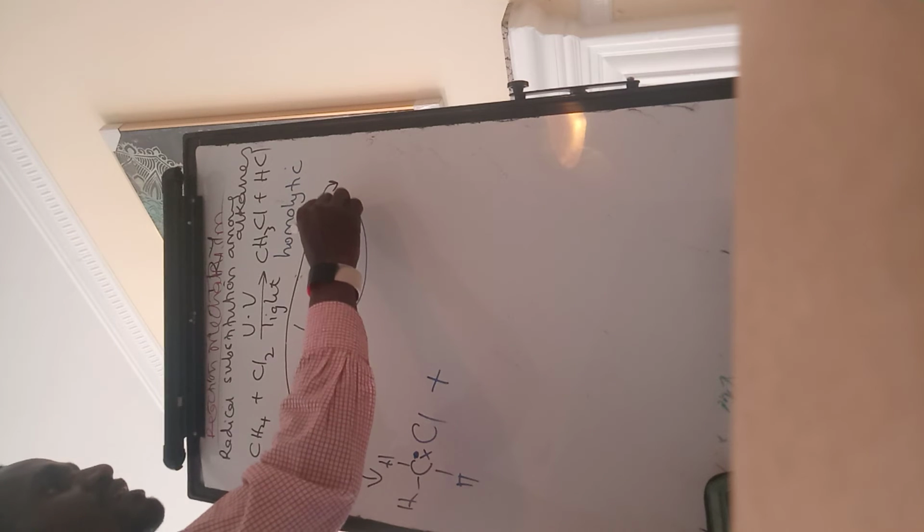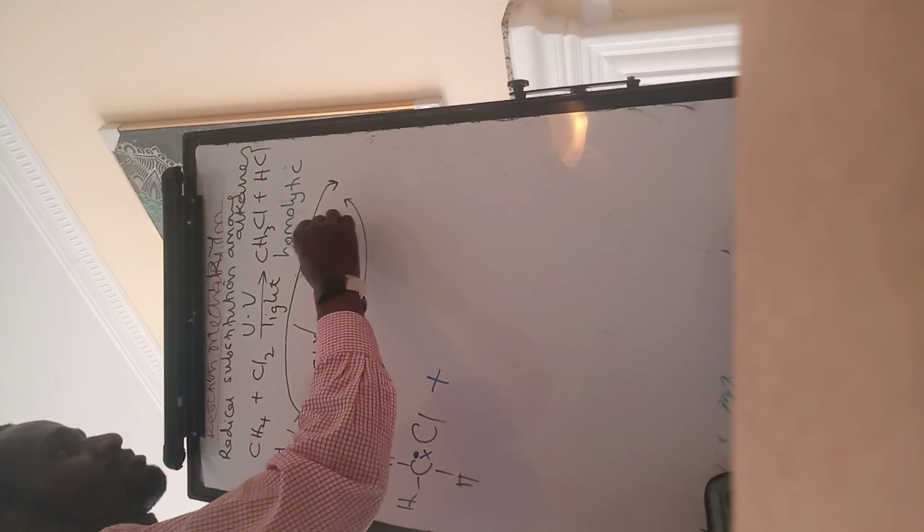So when the incoming species comes to occupy the position initially occupied by the leaving species, it comes with its own electron from the shared pair to form another covalent bond. The remaining atom from the second covalent bond that gets broken also joins this other leaving species with its own electron from the shared pair.